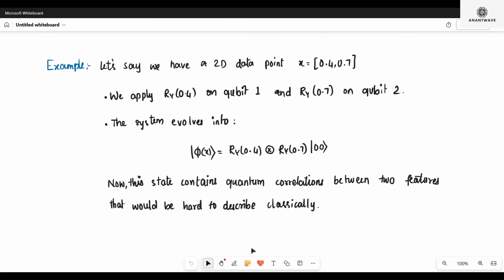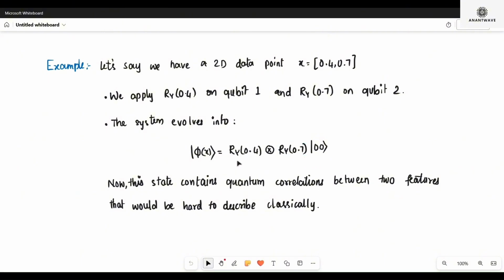Let's see an example. Let's say we have two data points, 0.4 and 0.7. We apply Ry gate on both of them on one qubit each: Ry of 0.4, Ry of 0.7. The system evolves into ket phi of x, that is Ry of 0.4 and Ry of 0.7.